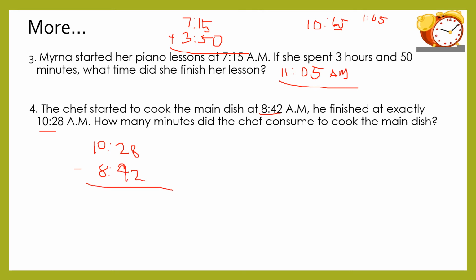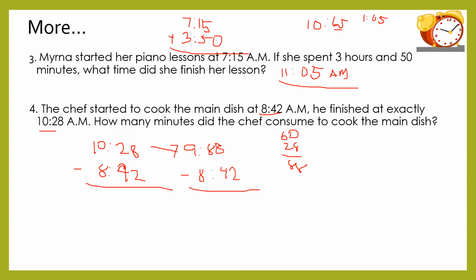So we need to convert 10, no? So that 10 will become 9 and 60. So 60 plus 28 is 88, no? 60 plus 28, 88. Okay, correct, 88. So that means 9:88 minus 8:42, or 8 hours and 42 minutes.